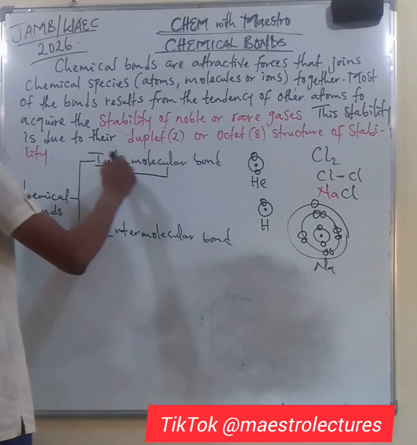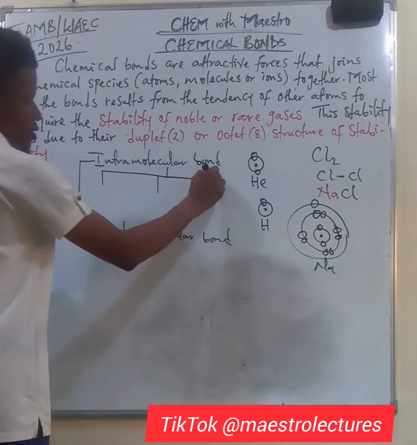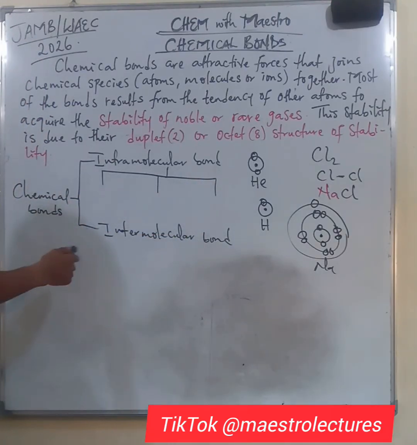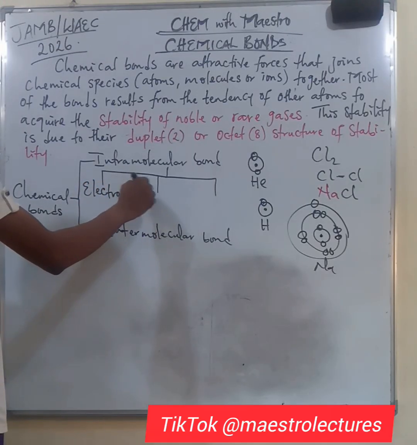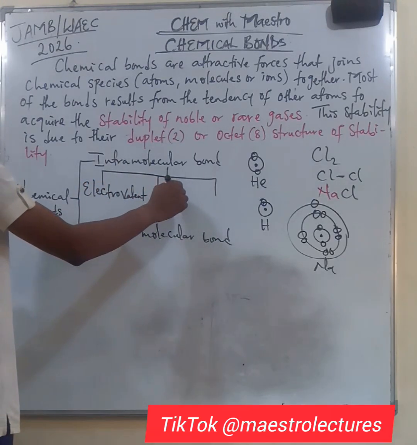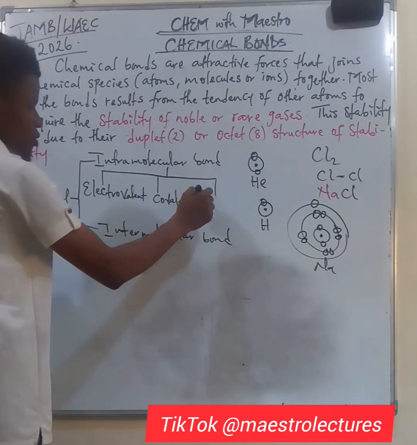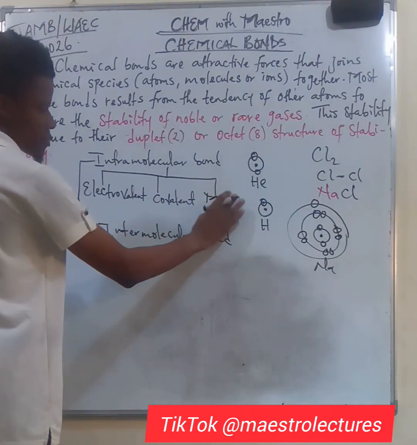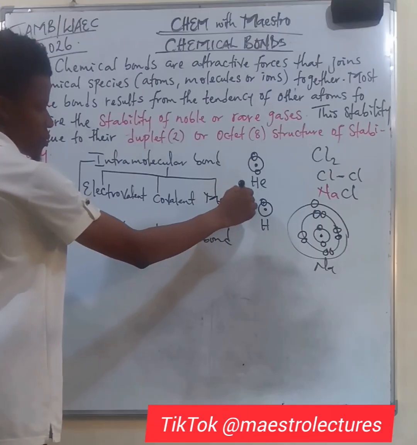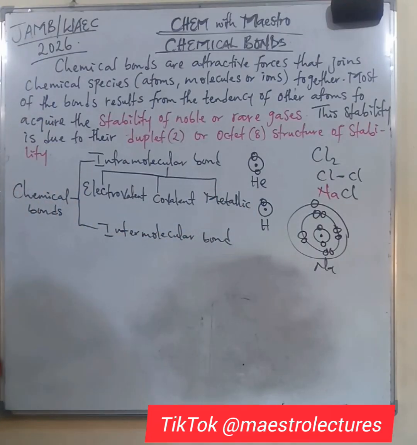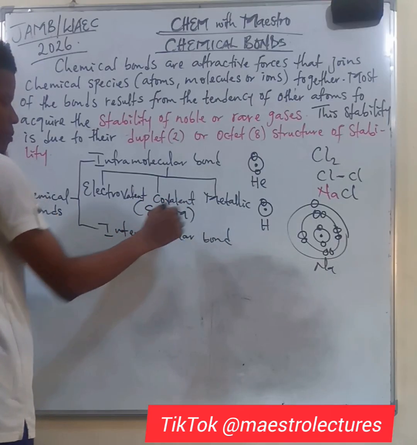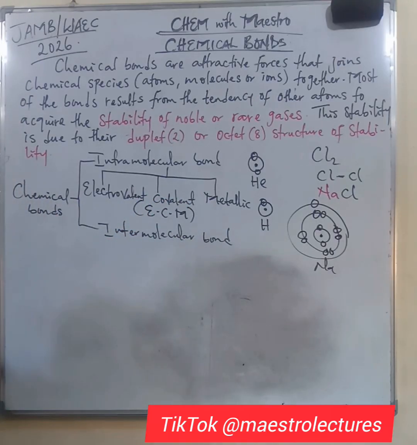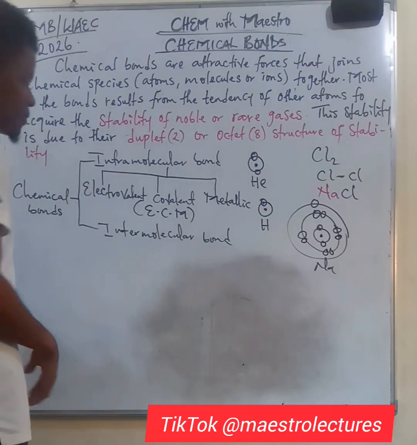The intramolecular bond consists of three chemical bonds. First, we have the electrovalent bond, and then we have the covalent bond. And lastly, we have the metallic bond. That's the ECM, just a code: electrovalent, covalent, and then metallic.